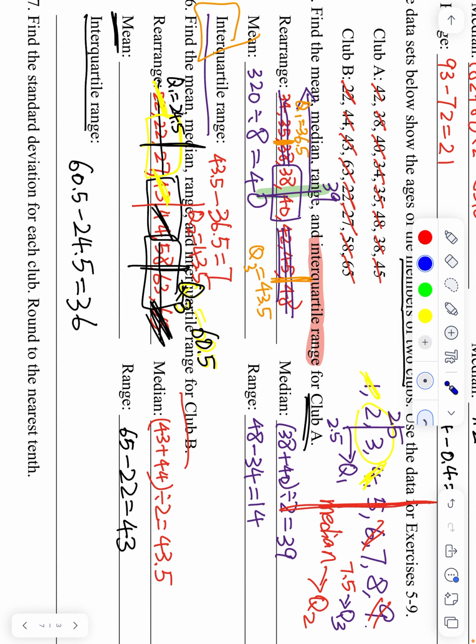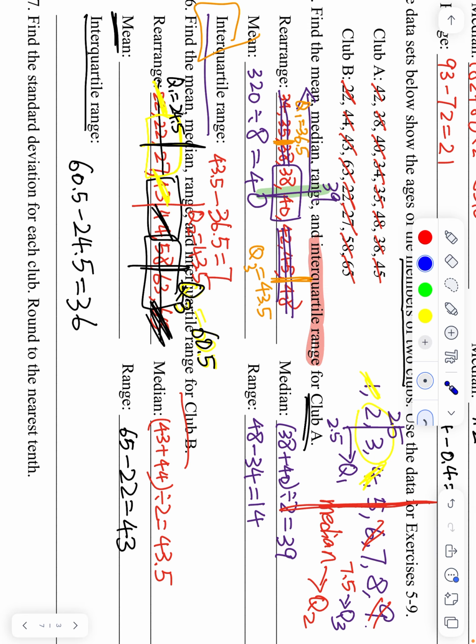Okay, mean. What's the mean age? You're going to add all those ages together and divide it by 8, because we have 8 numbers, right? Okay, 22 plus 22 plus 27 plus 43, and then plus 44, and plus 58, and then 63, and then 65.